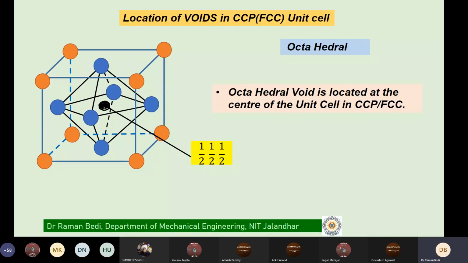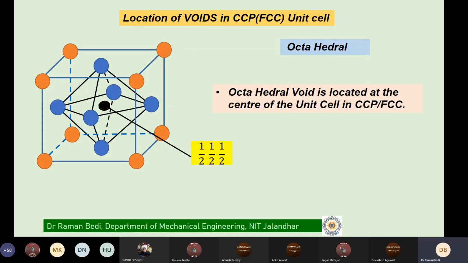This is the void which I am trying to refer to. Obviously, the blue atoms are shown as smaller ones, and that is why it appears like there's a lot of space, but they are of a larger size, and that is why the void size happens to be less as compared to the size of the blue atoms.